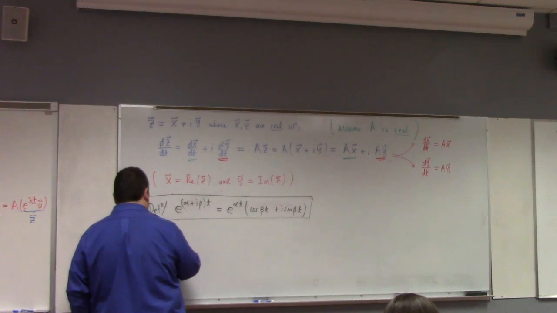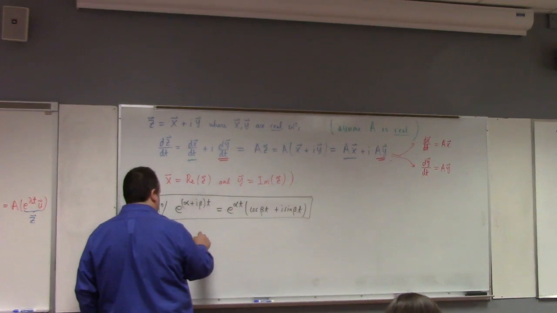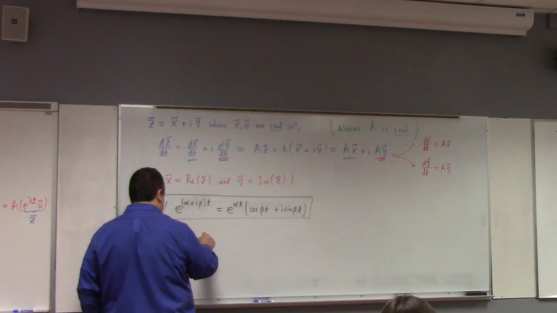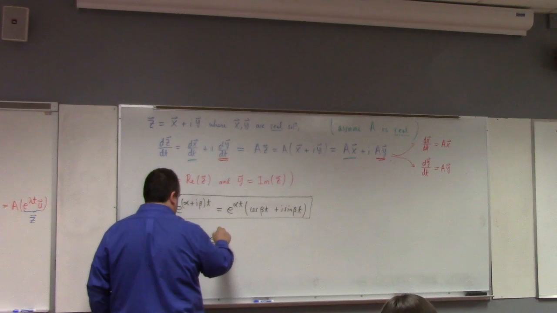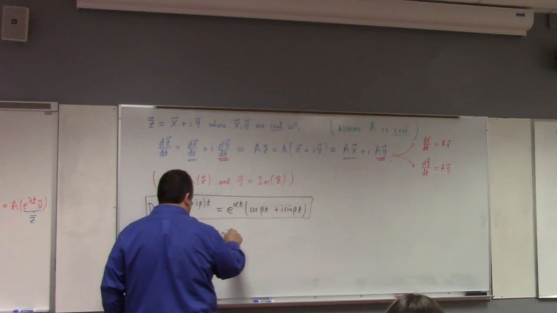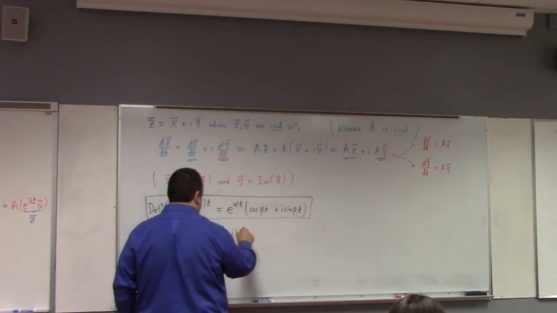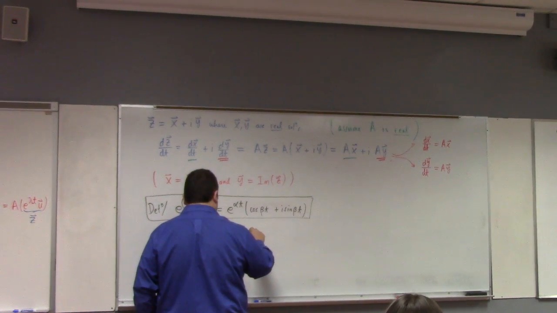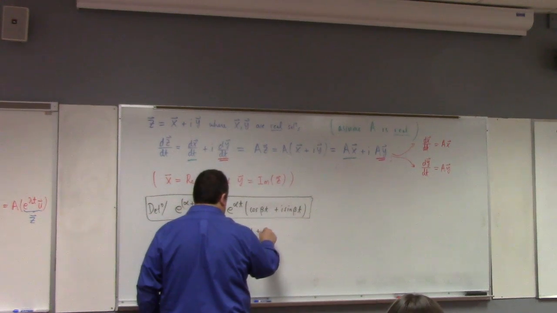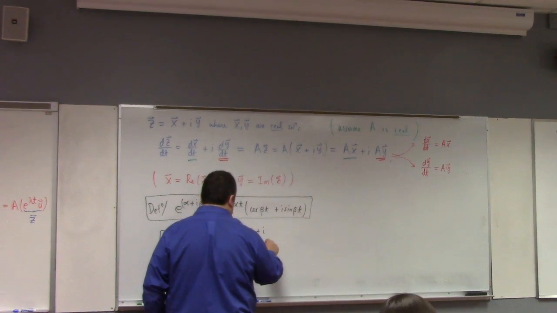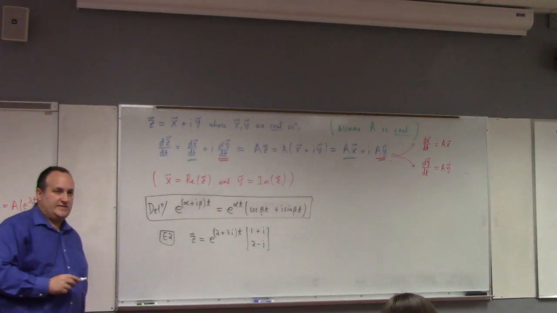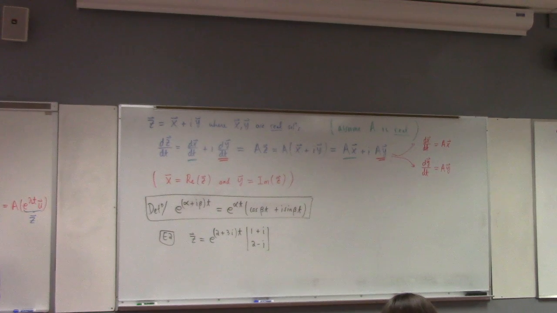So for example 2, if I had, for instance, z vector equals e to the 2 plus 3i times t, times, let's say, the vector 1 plus i, 2 minus i. I'd just like to show you what the real and imaginary parts are of this complex vector.